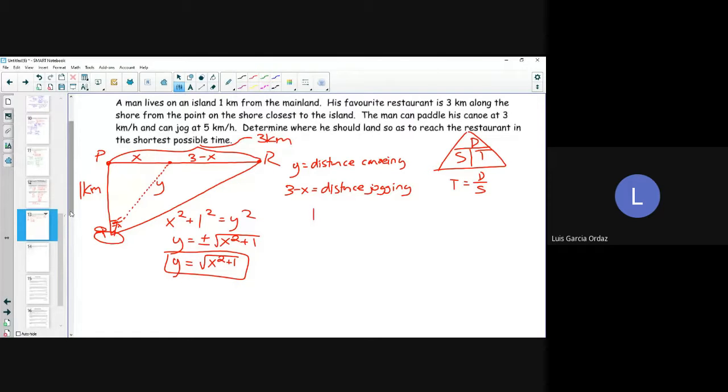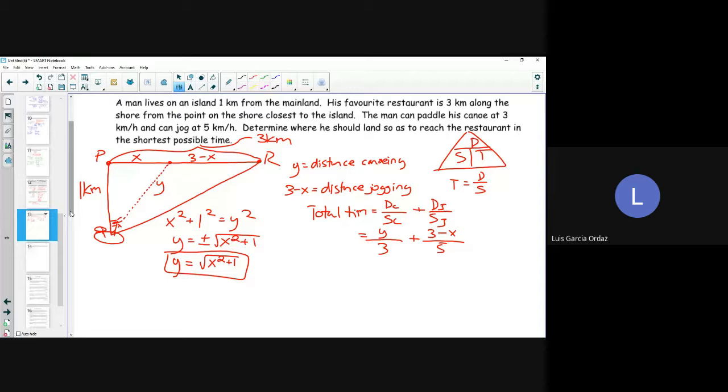So my total time is going to be my distance canoeing divided by the speed of my canoeing plus my distance jogging over my speed of jogging. So my distance for canoeing is represented by y divided by my speed, which is 3 kilometers per hour, plus my distance jogging, which is 3 minus x, divided by my speed of jogging, which is 5 kilometers an hour.